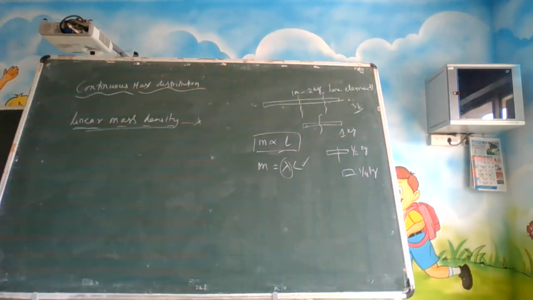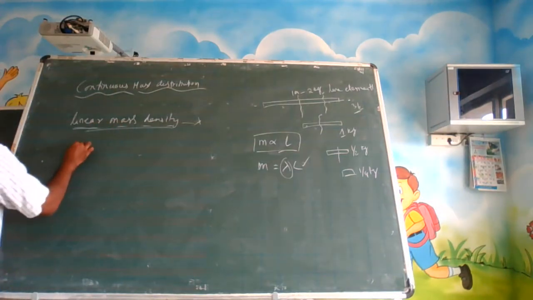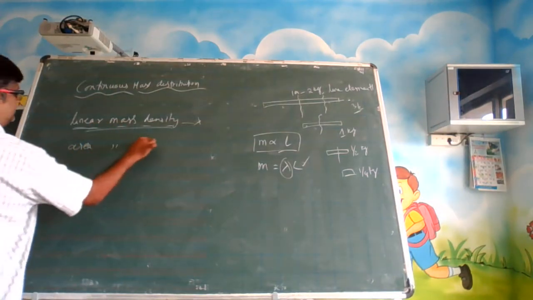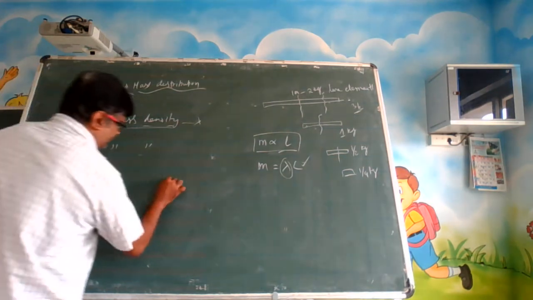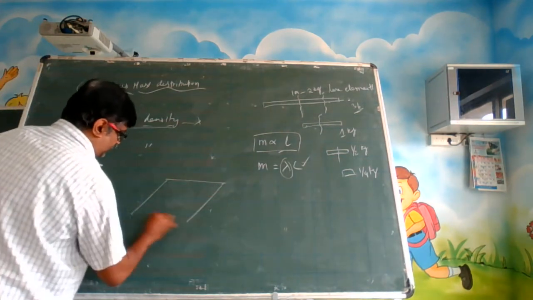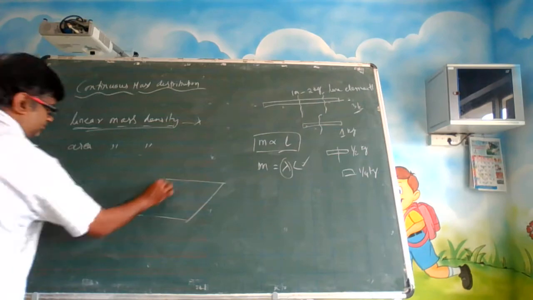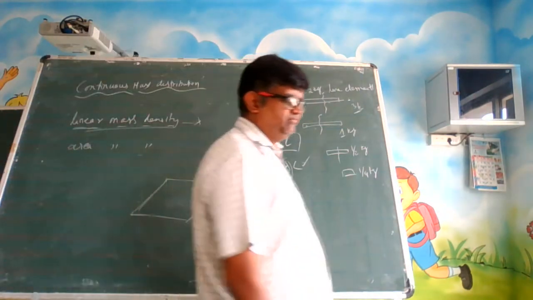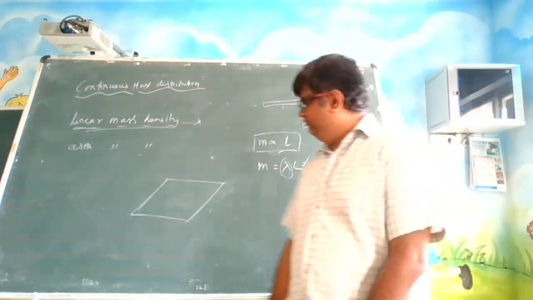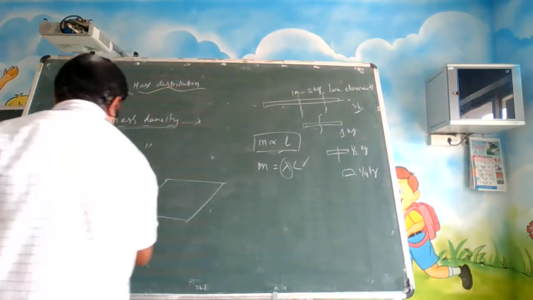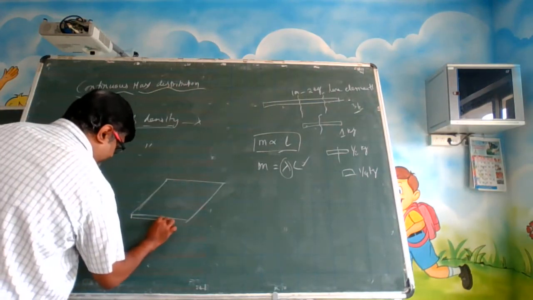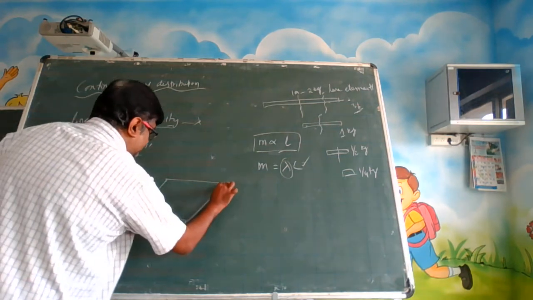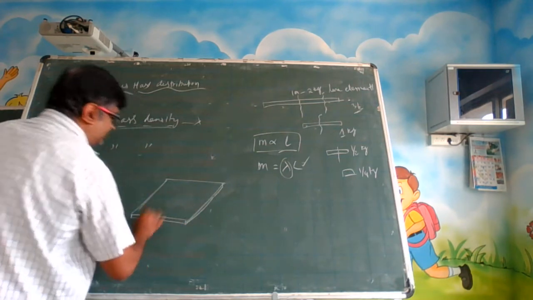Similarly, there is a term called area mass density. Suppose I take a plate, the plate we eat food on. This plate will have very little thickness, isn't it? So this is our plate.